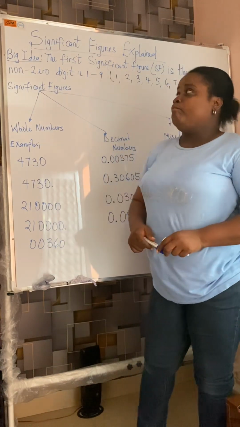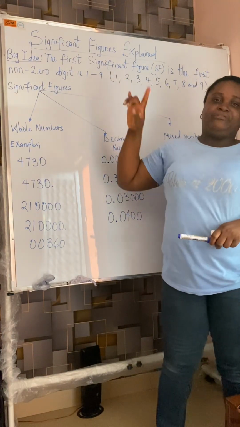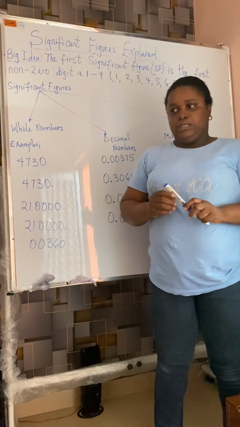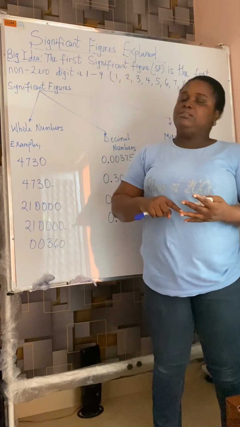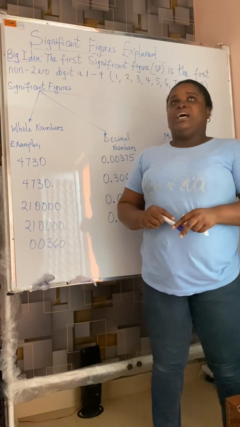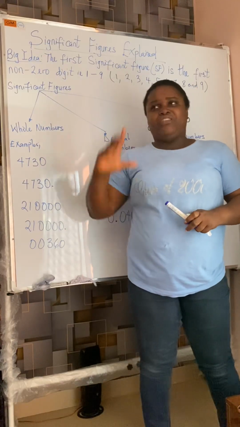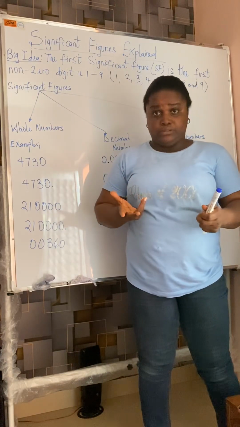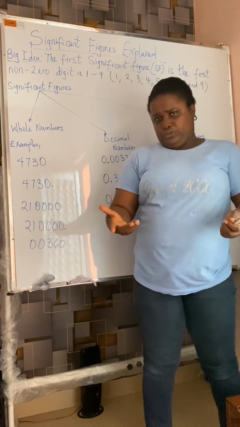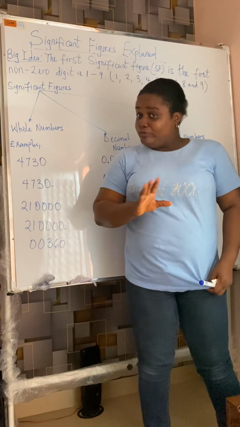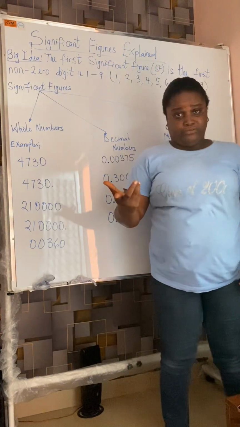I want to explain a very significant concept that cuts across what we do in maths, chemistry, and physics. I've discovered that the reason why a lot of us struggle after remembering different equations in form of formula or formulae in physics and even in chemistry is because a lot of us do not even understand this concept of significant figures.